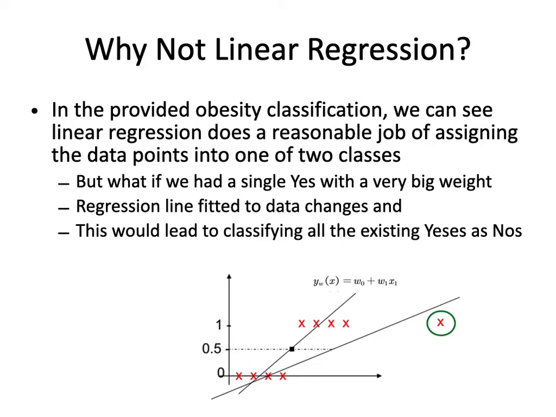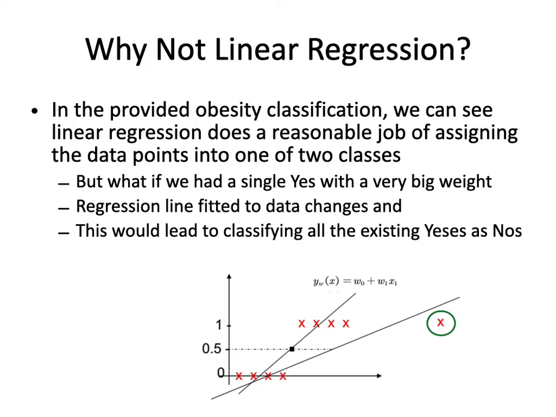But what if we had a single example with a very big weight, or we got a new data point on the extreme right of the plot? Once we have added this extra example, the regression line fitted to the data changes, and this would lead to classifying all the existing ones as zeros.